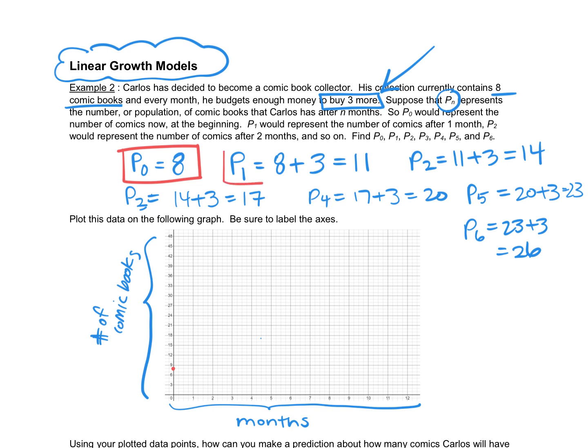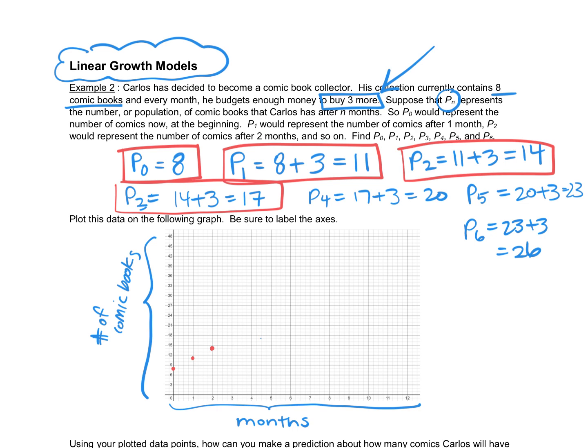Next, after month 1, we now have 11. At month 2, we're up 3 more, so that would be 14. At month 3, we're up at 17. At month 4, 3 more.